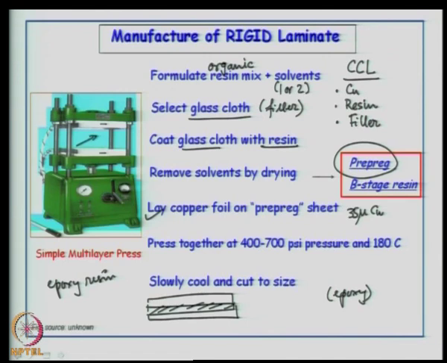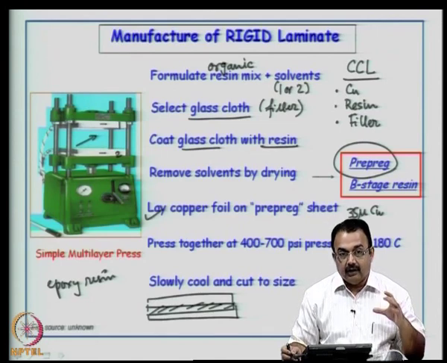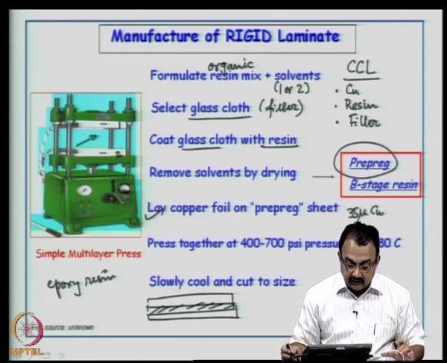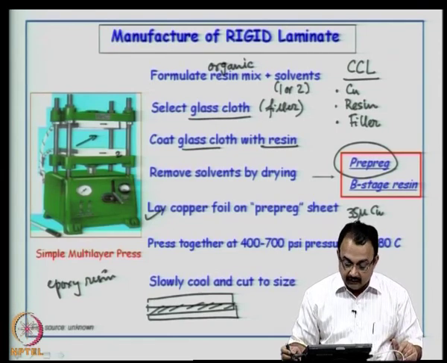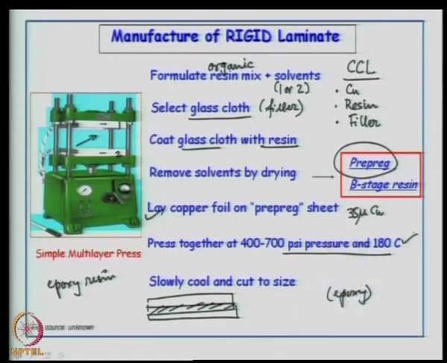This picture shows a typical example of a small multilayer press, where you have two stainless steel plates, and your build up of the dielectric material and the two copper foils in this case is now fed in between the two stainless steel plates, and then they are pressed together at suitable temperature and pressure.